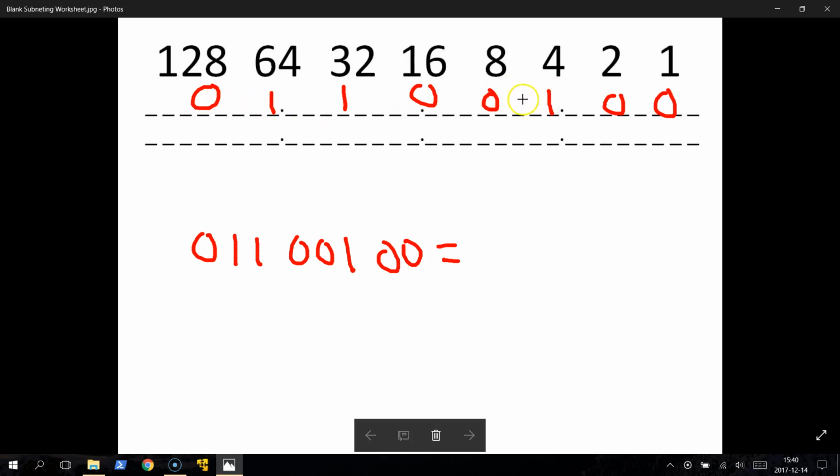I just add them up: 64 plus 32 is 96, plus 4 is 100. So in a nutshell, that's the binary world.